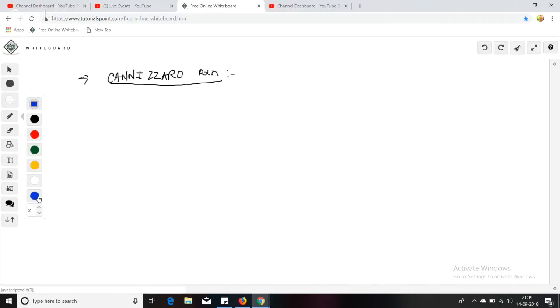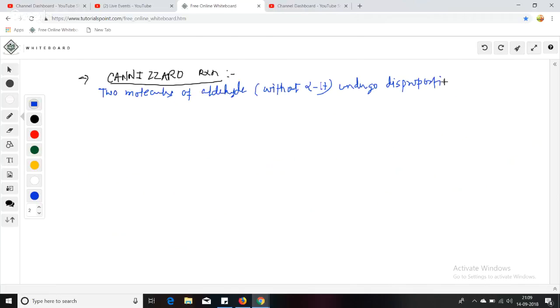So in this we write: two molecules of aldehyde without alpha hydrogen undergo disproportionation reaction, which we also call a redox reaction, in presence of a strong base.